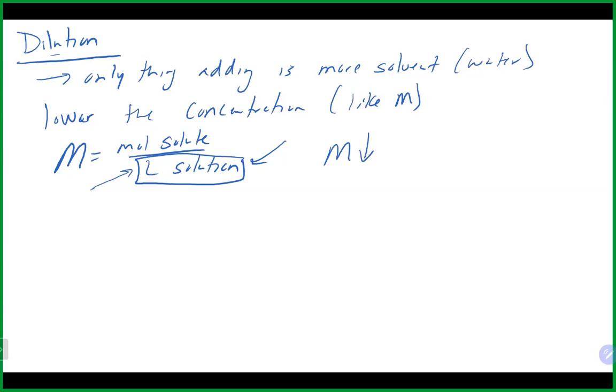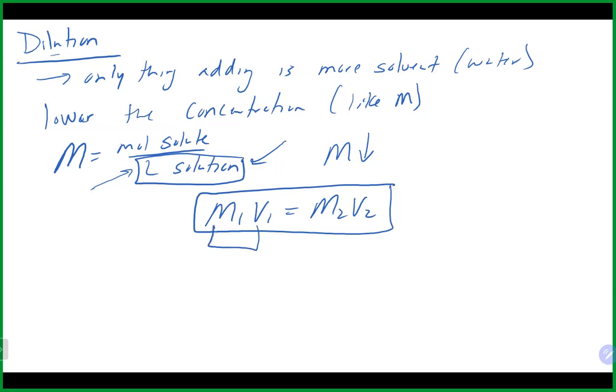There's actually a formula that's used to help you in a dilution, and that is referred to as M1V1 equals M2V2. This is the more concentrated solution. And this is your diluted solution.